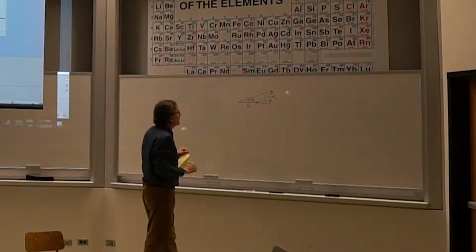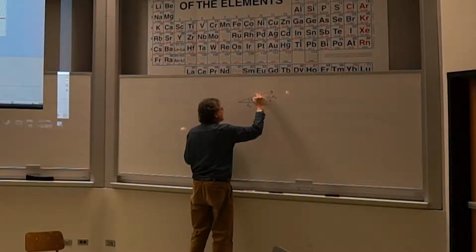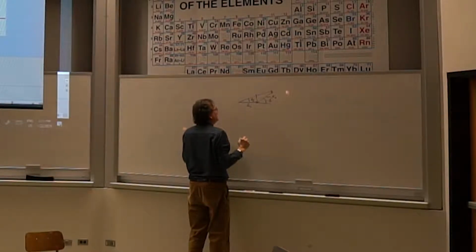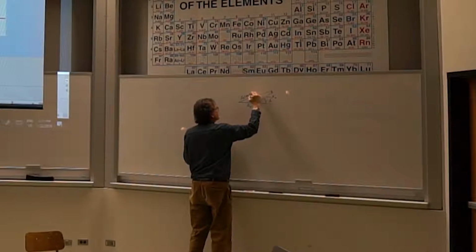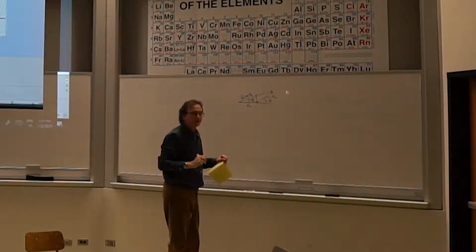And I want to know the length of this. That's pretty easy now, because if I drop a perpendicular and use a trig function, I get that this half of it is E0 times cosine of delta over 2. Similarly, this side is also E0 times cosine delta over 2.